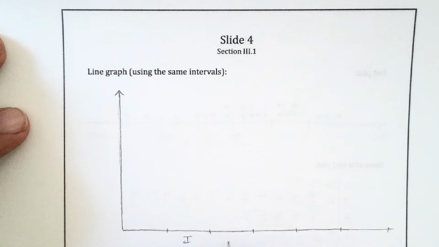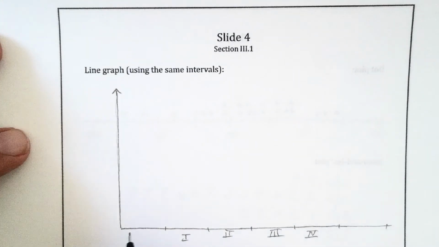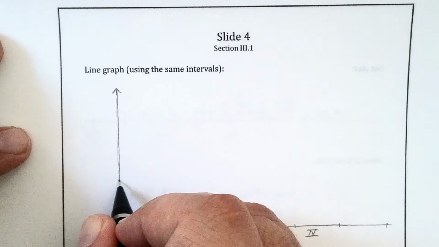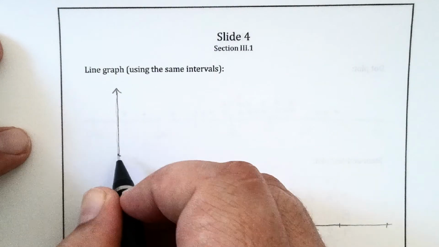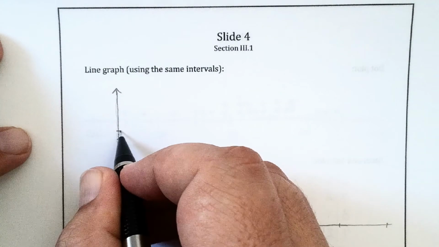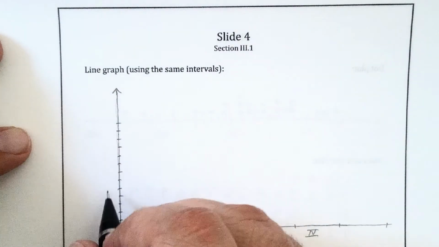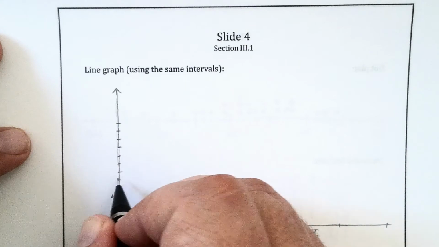So we have interval 1, 2, 3, and 4. Okay, the data needs to go up to 13, or the vertical axis needs to go up to 13.